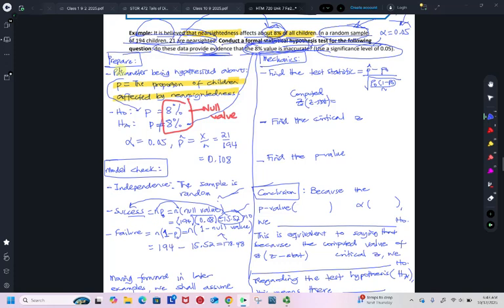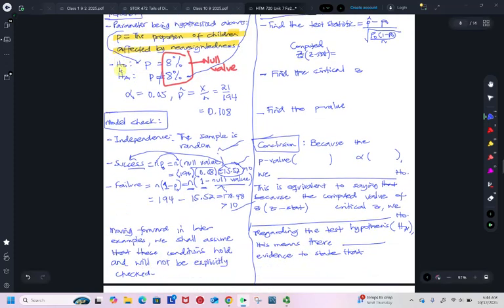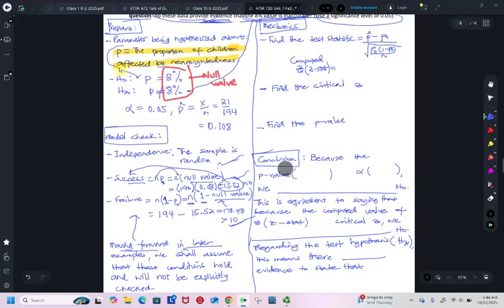That is equal to the sample size times 1 minus the null value. This is also greater than 10. We like it. So with those conditions checking out, I want you to note that moving forward in later examples, we're not going to explicitly check these conditions anymore. We'll just assume that they hold.